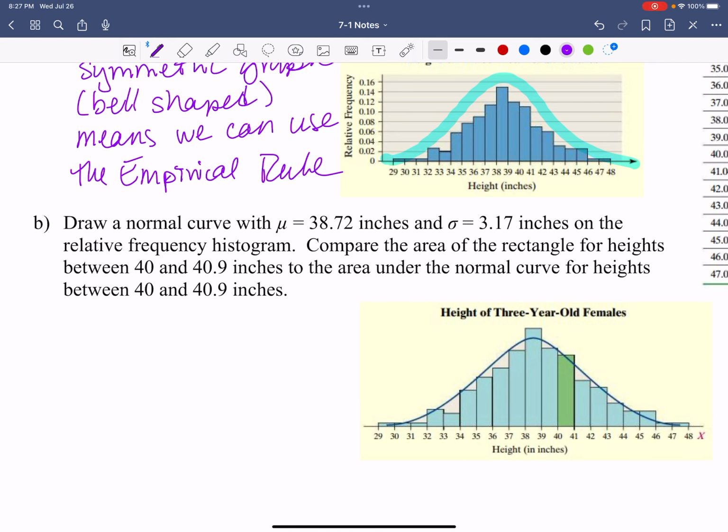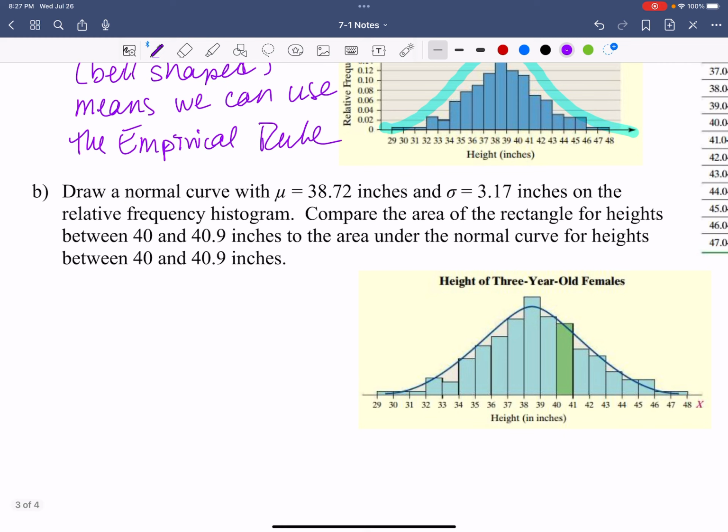Okay, so now look at this. Based on my data, we put a little highlighter in there, but check this out. This is the same histogram down here. However, we're going to draw that blue normal curve on there, with the mean and the standard deviation already given. We want to compare the area of the rectangle for heights between 40 and 40.9, which is right before 41.